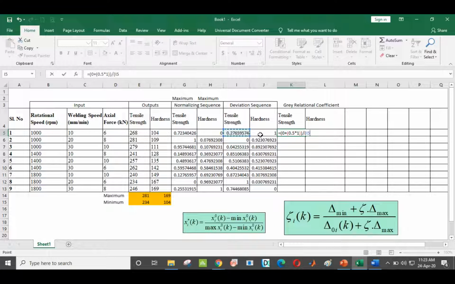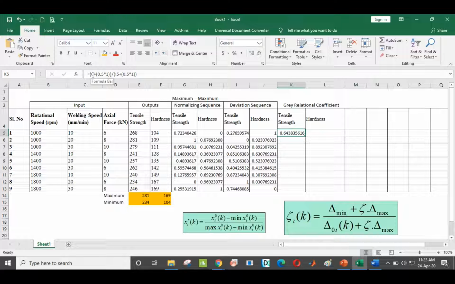So this value plus, open another bracket, 0.5 into del max. The del max is 1. First bracket, second bracket. Just enter. So this is my value. I check the formula once again here.